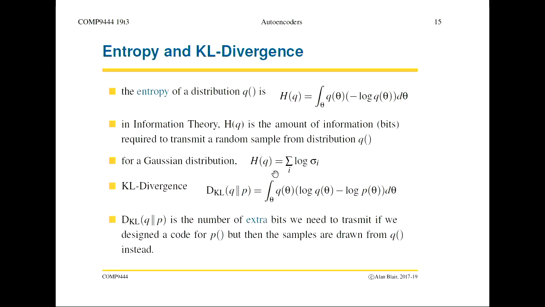Now, how is that achieved? Well, this is where we go back to this KL divergence that we talked about earlier on. The KL divergence gives us a way of measuring how close one probability distribution is to another.